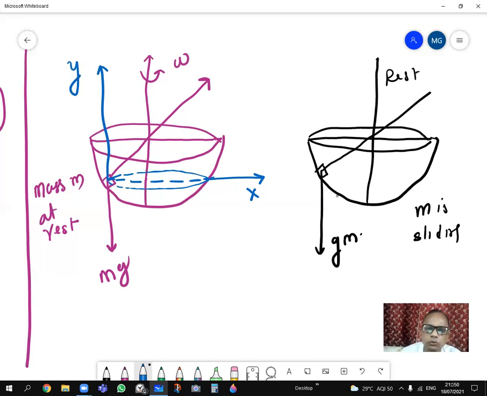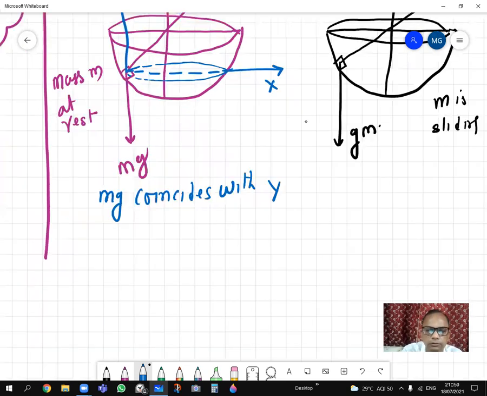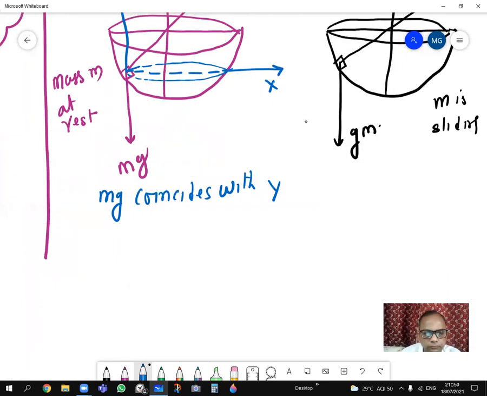Now out of two, mg coincides with y-axis. So we need not resolve.